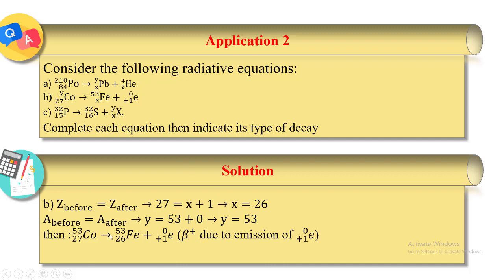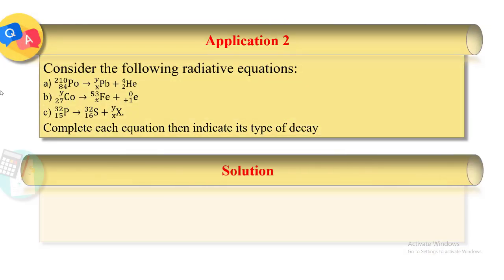The equation becomes cobalt 53, 27, disintegrates into iron 53, 26, plus positron 0, plus 1. And due to emission of this positron, the type of this radioactive reaction is beta plus.